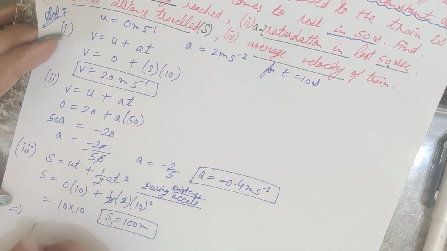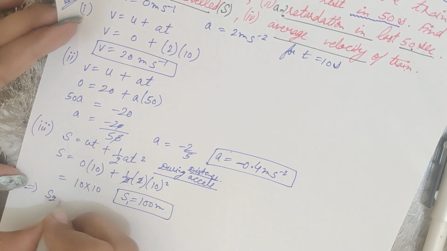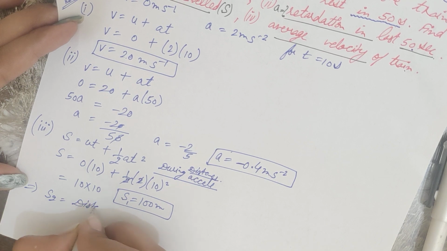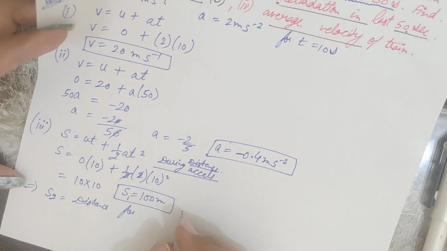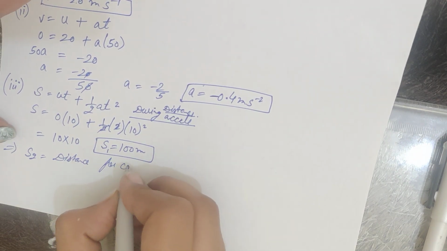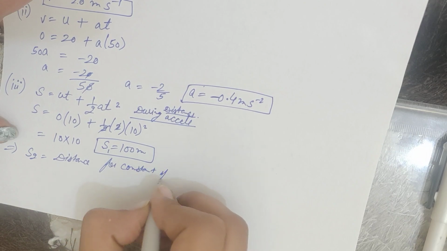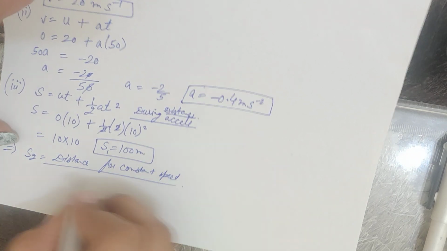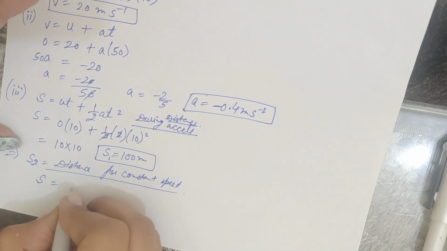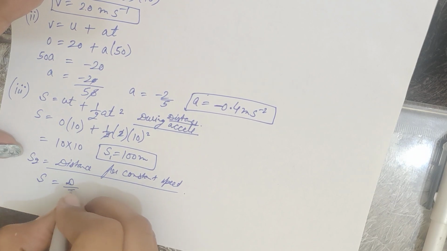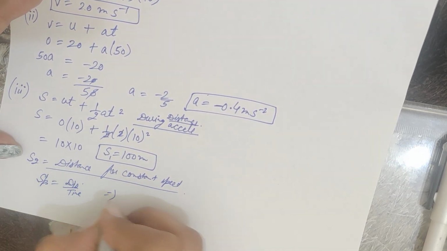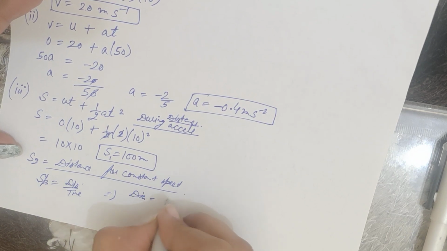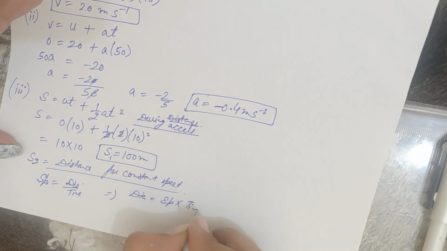Speed is equal to distance over time, so distance is equal to speed multiplied by time.